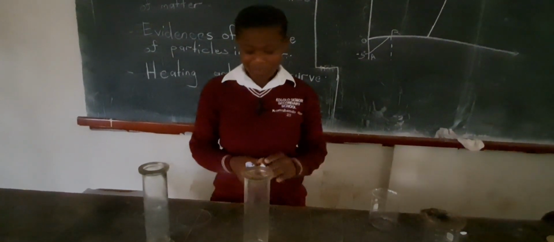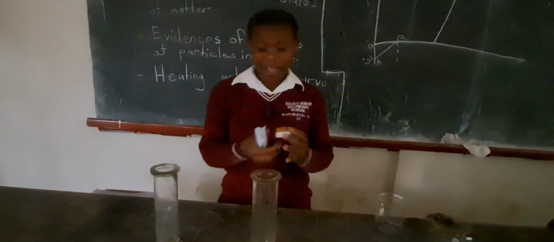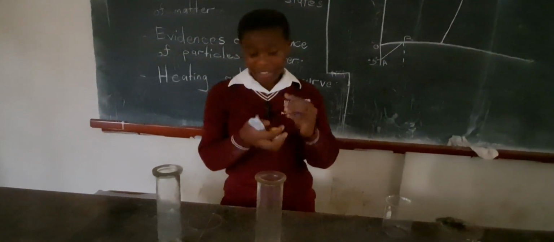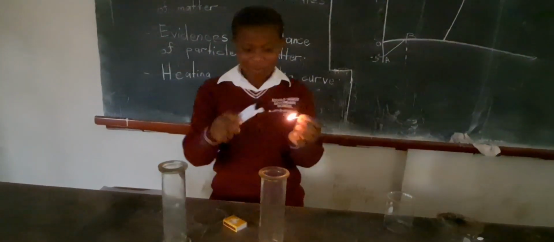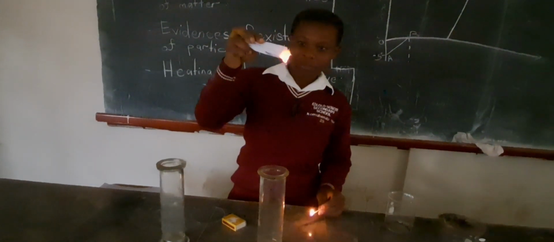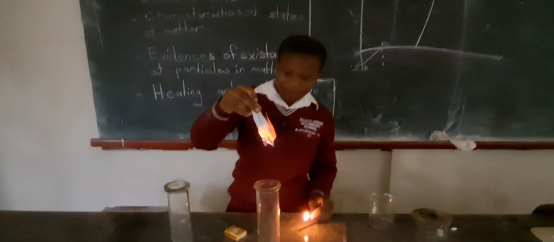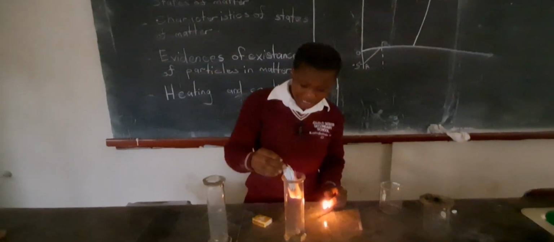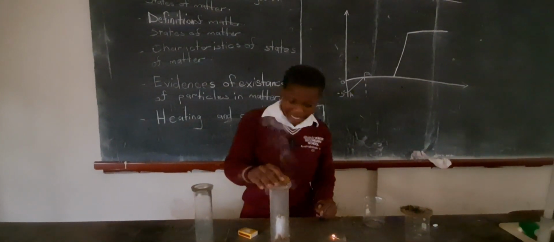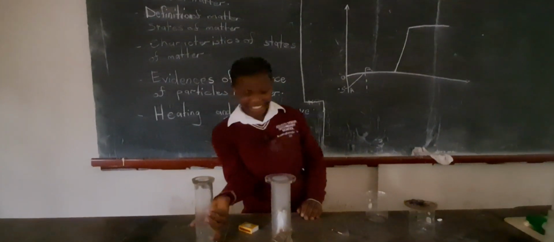put it in front of you. Get a matchbox together with a piece of paper and light the piece of paper. As you see, I'm lighting the piece of paper. This piece of paper, put it in the glass jar in front of you, then cover carefully with the petri dish.